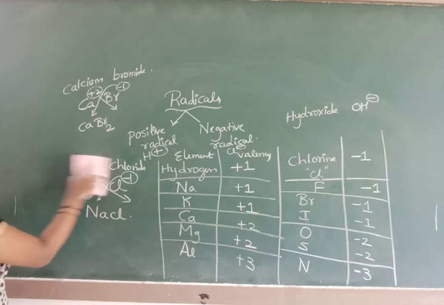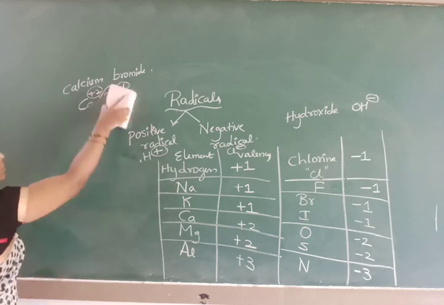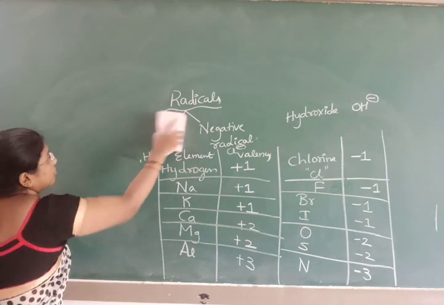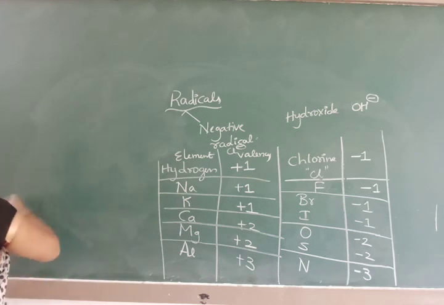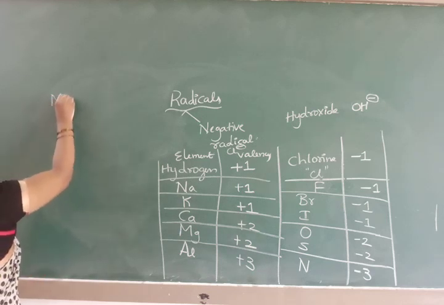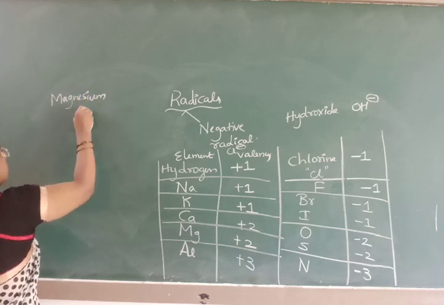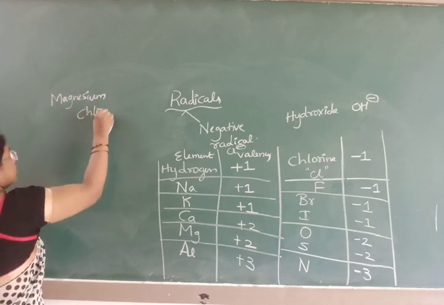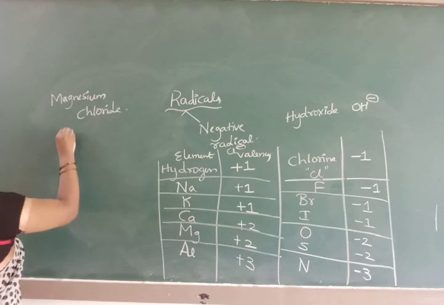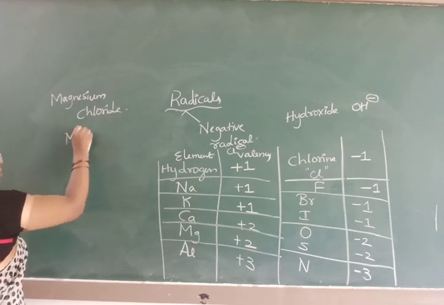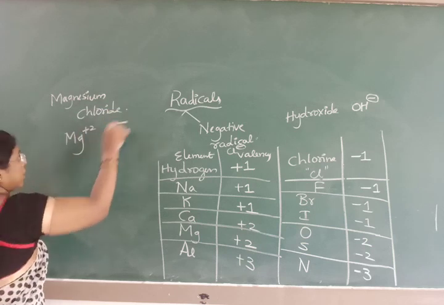Similarly, if I write magnesium chloride, magnesium is Mg +2, chlorine is Cl minus.